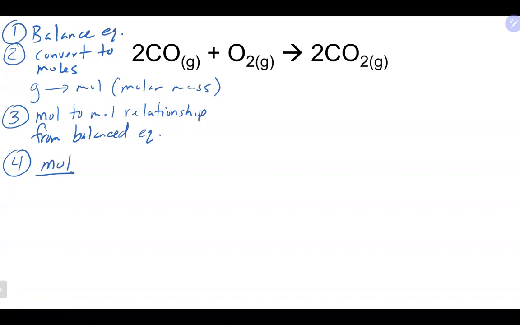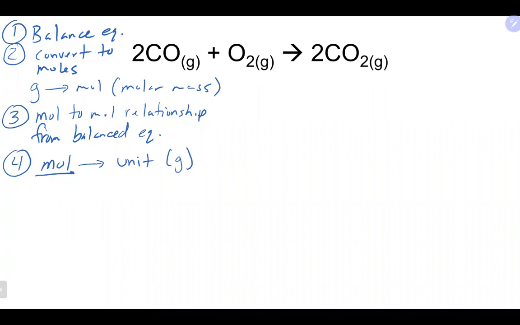At that point, you may need to take the moles and convert it to some other unit. A lot of times grams on the back end, so you'll need to use the molar mass on the back end of the calculation. But it really could be any unit. You may want to convert it to pounds or some other type of unit. But usually you'll have to do some type of conversion in there. That is pretty much your 4 basic steps for a stoichiometry problem.